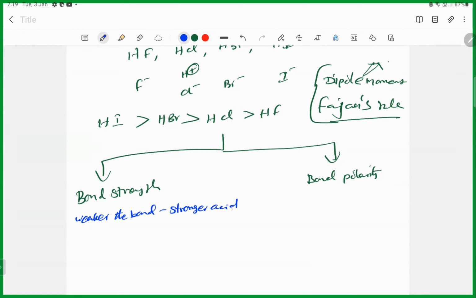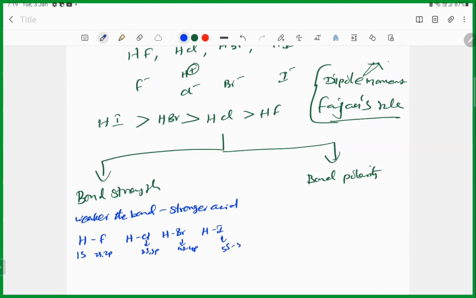So how are we saying this? You take H and F, H and Cl, H and Br, H and I. This is 1s, it has 2s 2p, it has 3s 3p, it has 4s 4p, and iodine 5s 5p.